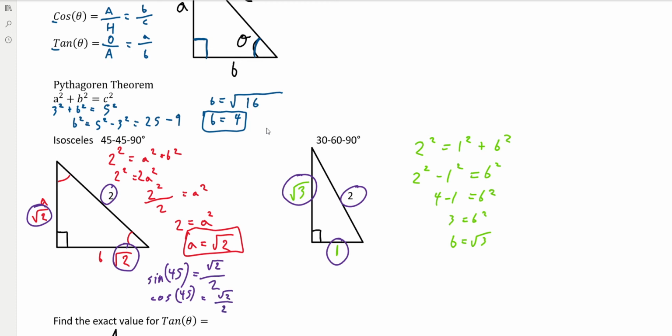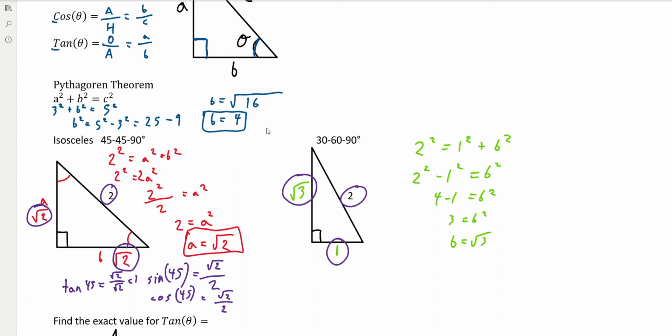And tan of 45 is root 2 over root 2, which ends up just going to 1. Okay, so that is helpful.